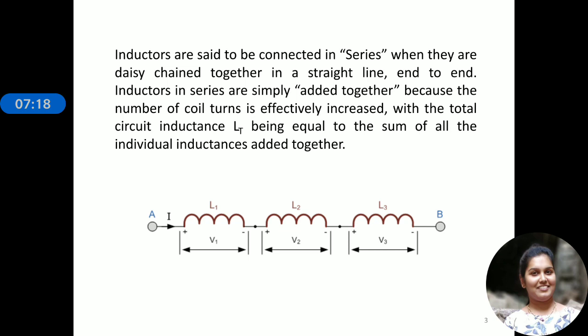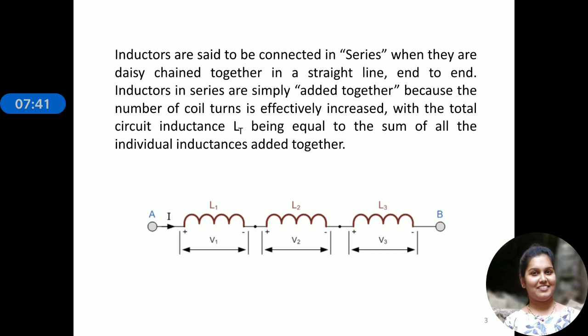Seeing the diagram itself, we can say that the current flowing in all the three inductors is the same. That is, series inductors have a common current flowing through them.